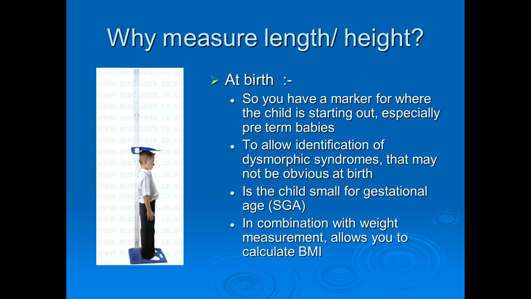It also identifies a child who is small for gestational age, so born at term but very small for a term baby. And in combination with weight, the length and height measurement allows us to calculate body mass index measurements.